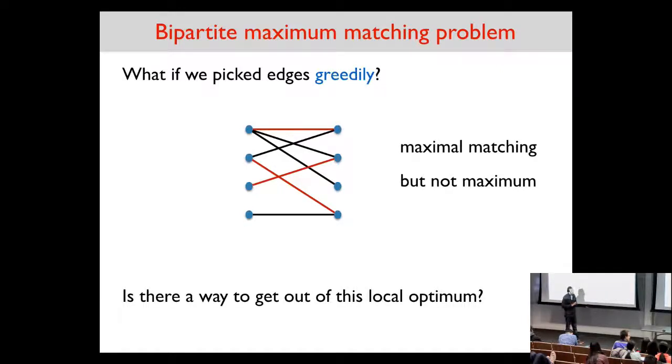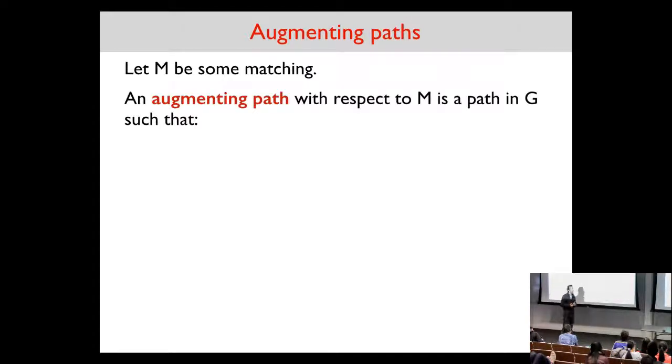Then you can ask, is there a way to get out of this local optimum? Is there a way to get around it? And there is a way to get around it, and it uses a notion called an augmenting path. So what's an augmenting path?